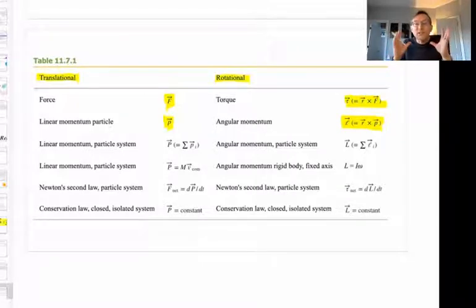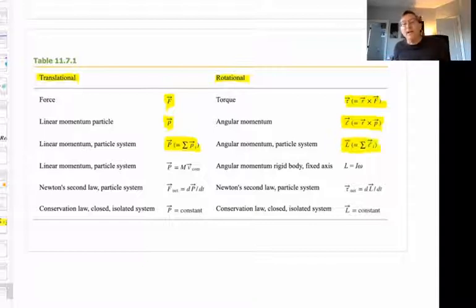If you have a whole system of particles undergoing translational motion, the linear momentum of the system is denoted capital P, and that's just the sum of all the little p's for all the particles. What's the rotational version? The angular momentum of a particle system, capital L arrow, and that's obtained by adding all the little angular momentum vectors, little l.